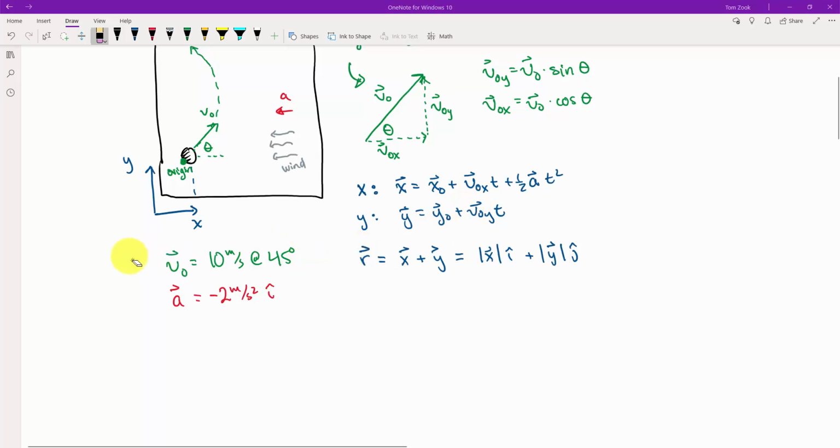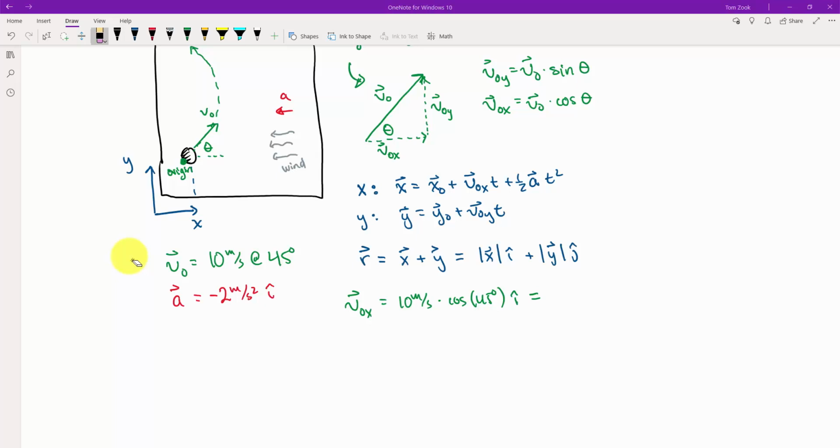So for the x direction, we go and calculate that out. V0x is going to be the 10 meters per second multiplied by cosine of 45 degrees, and that's going to be in the i direction, which should be, what is that, like 0.707 or something like that? 7.1, maybe let's call it that.